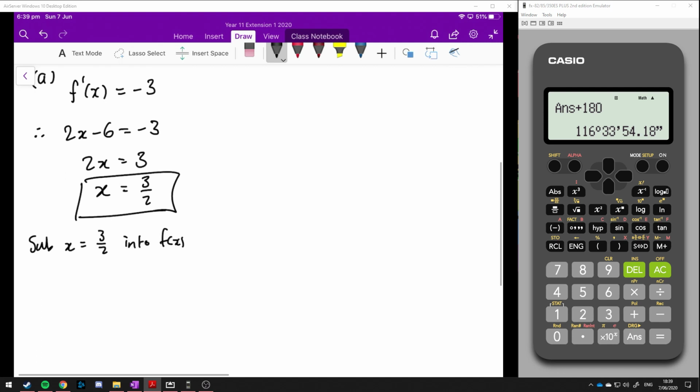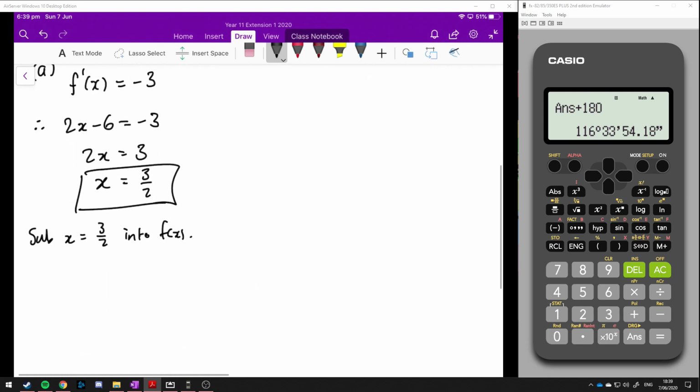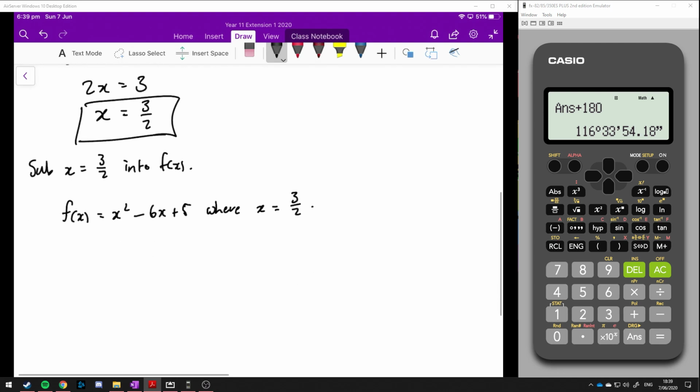So we're going to sub x is equal to 3 over 2 into f of x. f of x is x squared minus 6x plus 5, where x is equal to 3 on 2. So we're going to substitute that value in. We get f of 3 on 2. Wherever I see an x, I'm going to replace it with 3 on 2, minus 6 lots of 3 on 2, plus 5.